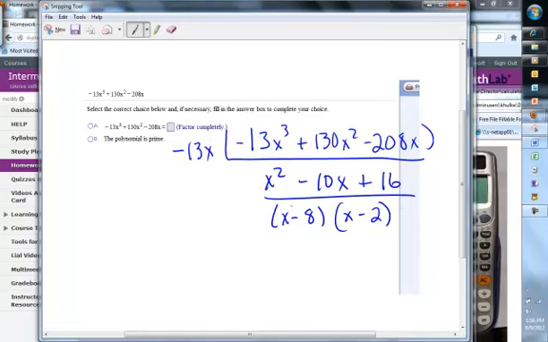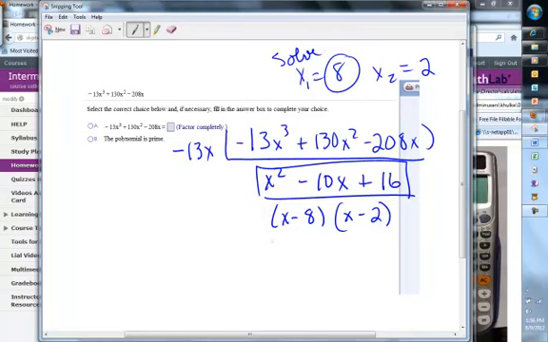Let's enter this into our calculator as 1. So it's mode 5, 3, 1 equals negative 10 equals 16. And our calculator says x1 is 8, x2 is 2, which if you notice, those are the solutions when these are the factors.